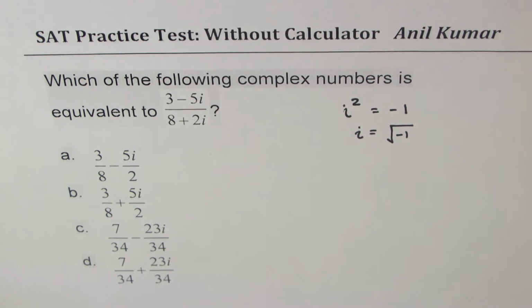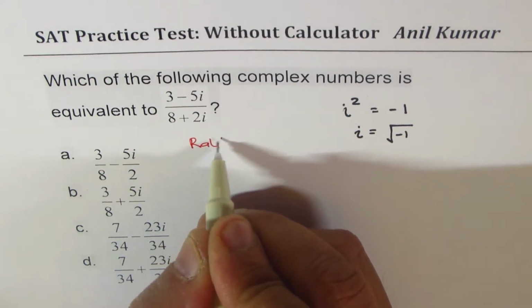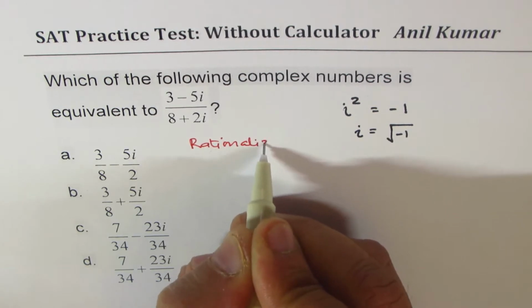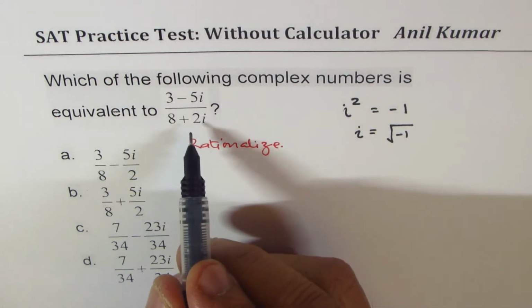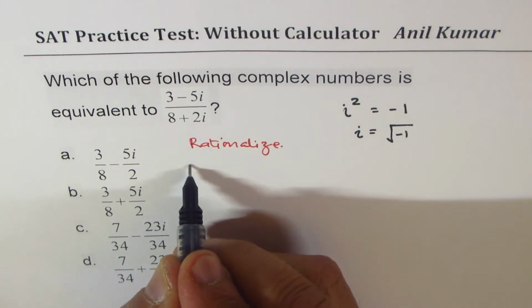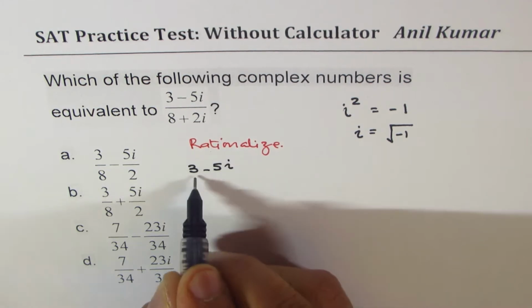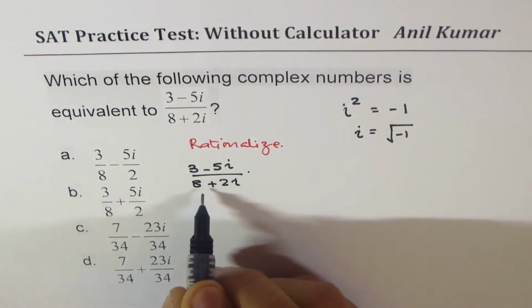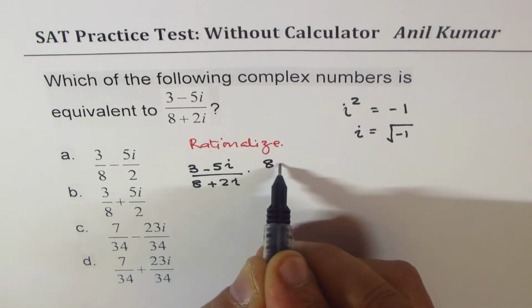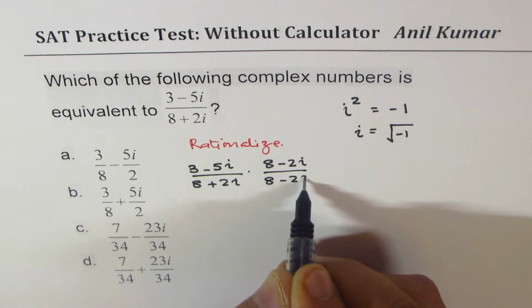What we should do here is rationalize. Rationalization means multiply and divide by the conjugate, and normally you rationalize the denominator. So we have 3 minus 5i divided by 8 plus 2i, times the conjugate of the denominator, 8 minus 2i over 8 minus 2i.